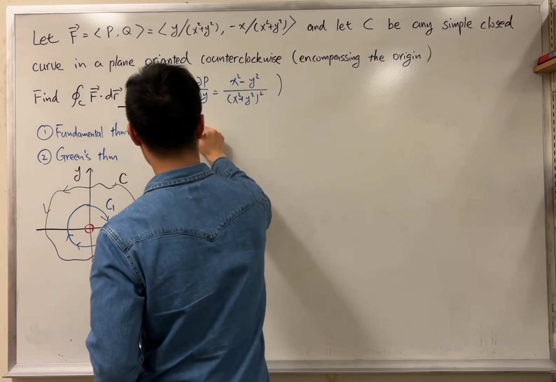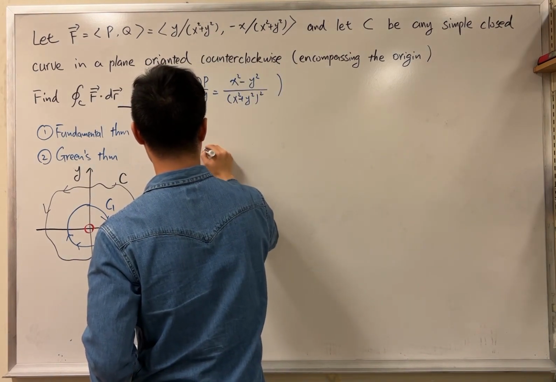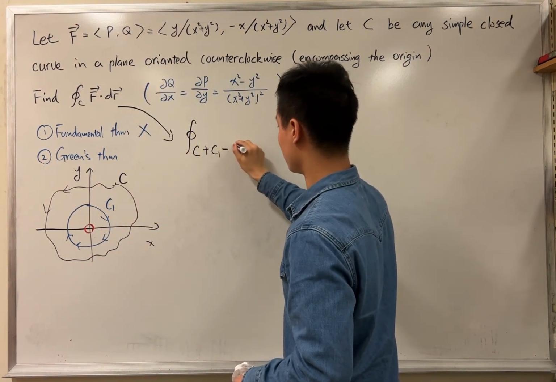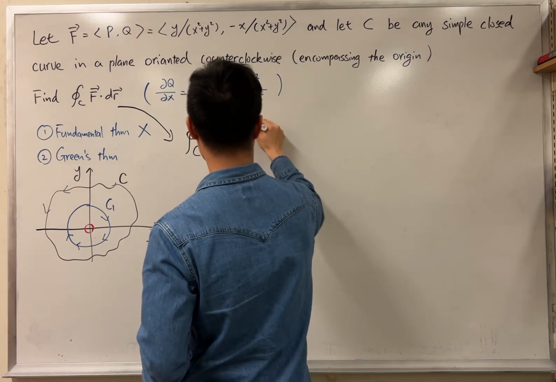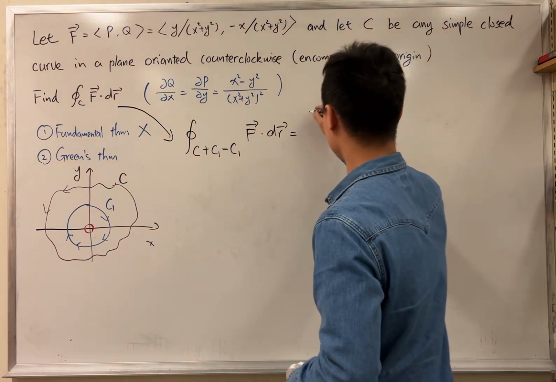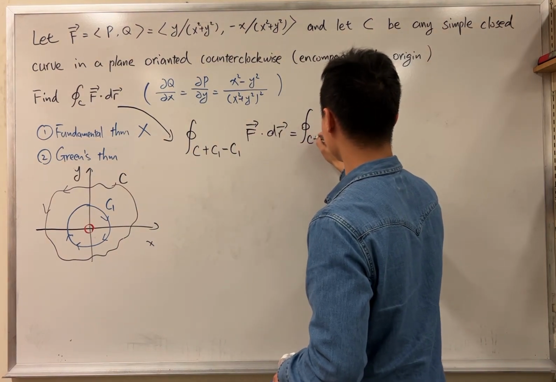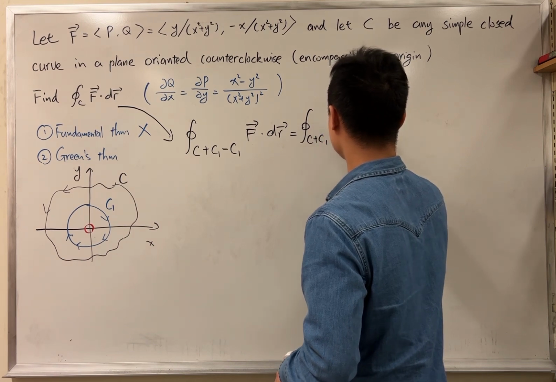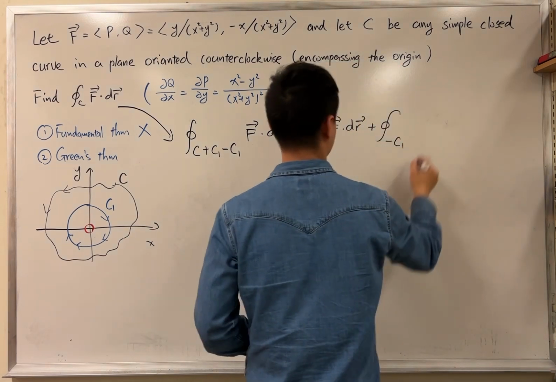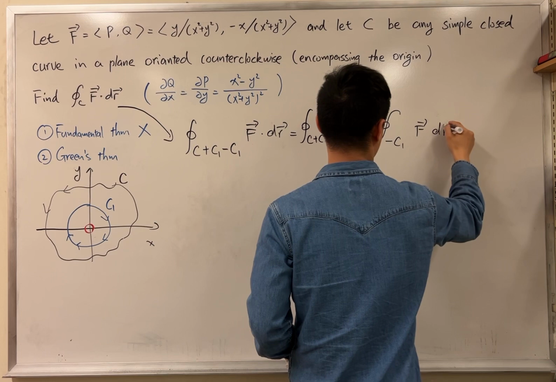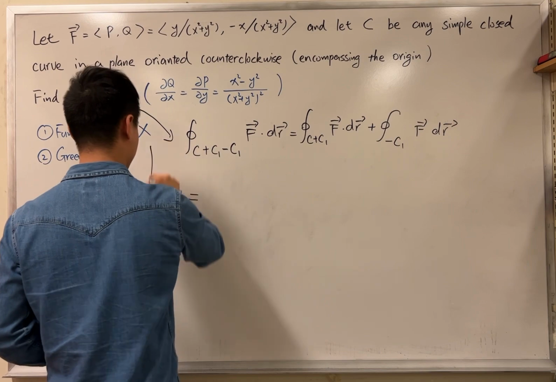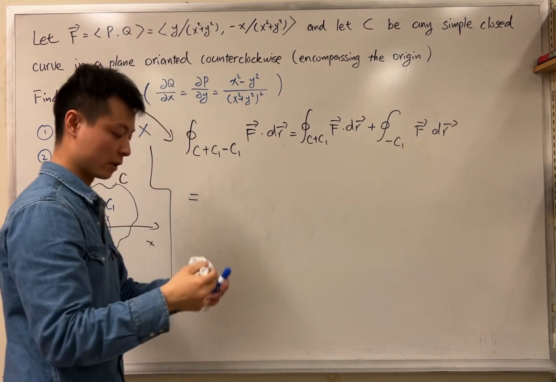We're going to write it as the line integral over C and C1, and then we're going to counter this by using a reverse C1, F dr. And then by the distributive property, we can write this as the integral over C and C1 of F dr, and then another line integral over the reverse C1 of the same thing. And then we will take a look at what this C and C1 gives us.